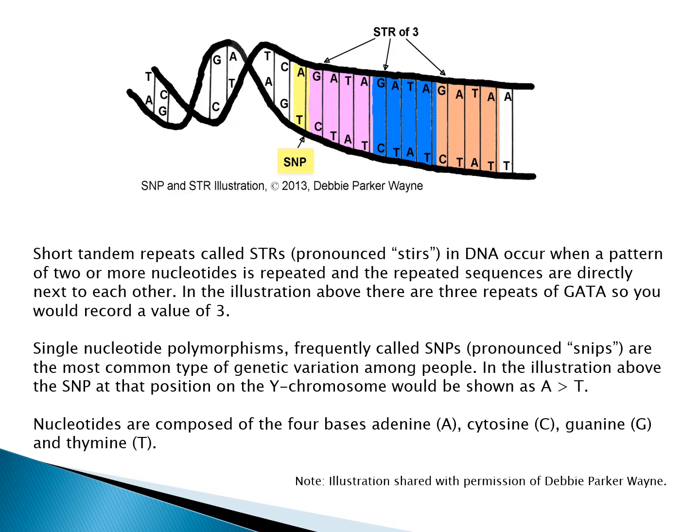And single nucleotide polymorphisms, SNPs, pronounced "snips," are the most common type of genetic variation among people. In the illustration above, in the yellow, we have an A-T combination. Nucleotides are composed of 4 bases: adenine, cytosine, guanine, and thymine.